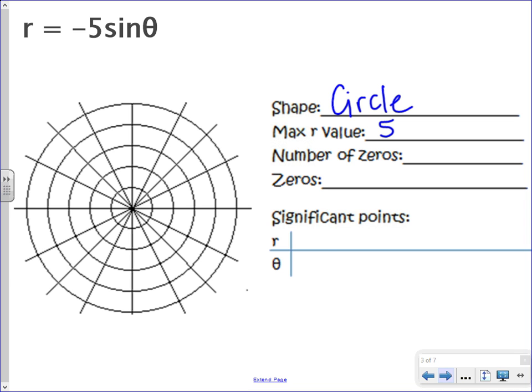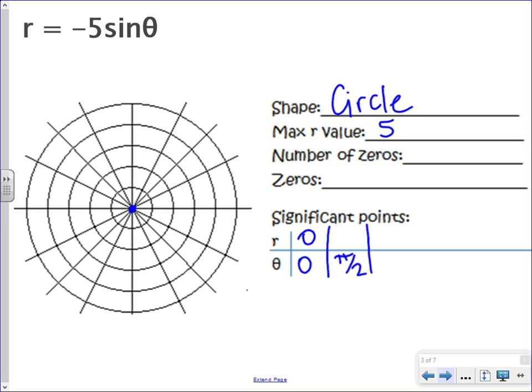Let's talk about the points that we use to draw this circle. If we plug 0 in for theta, what do we get for our r value? -5 sine of 0 would be 0. If we were to plug in pi over 2, what would we get for our r value?